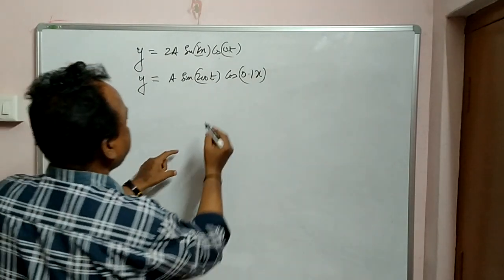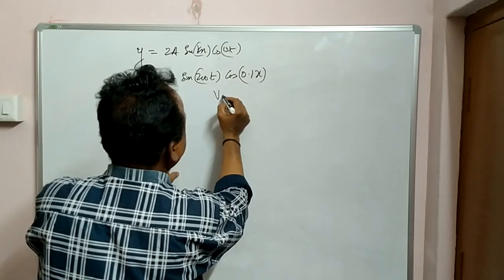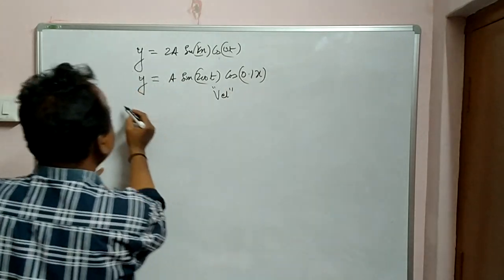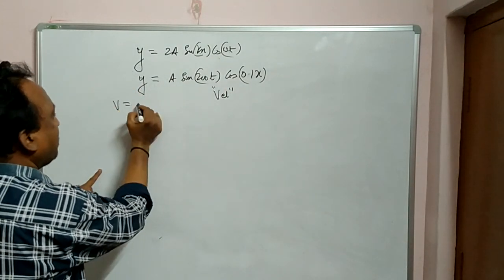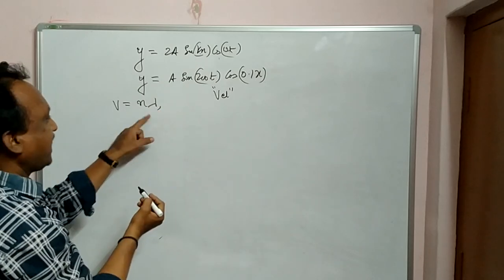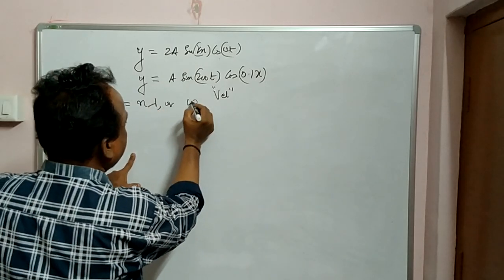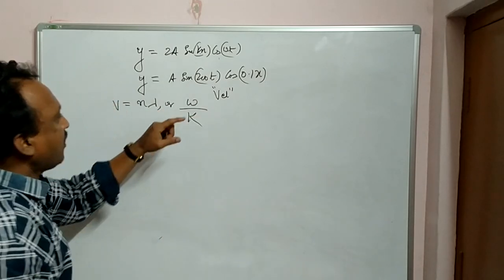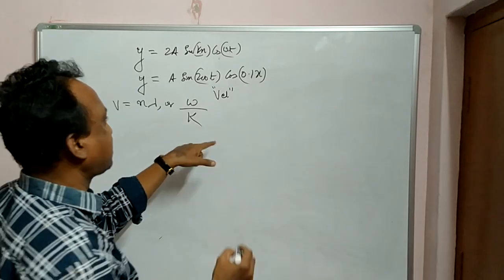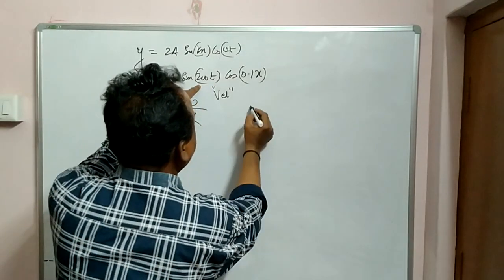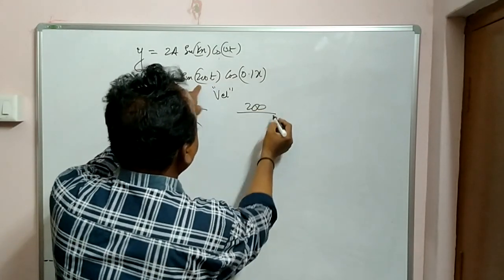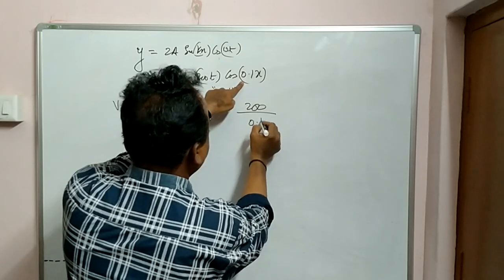He is asking what the wave velocity is. I told you, you can write the formula n lambda or omega by k, coefficient of t by coefficient of x. Coefficient of t here is 200, coefficient of x is 0.1.